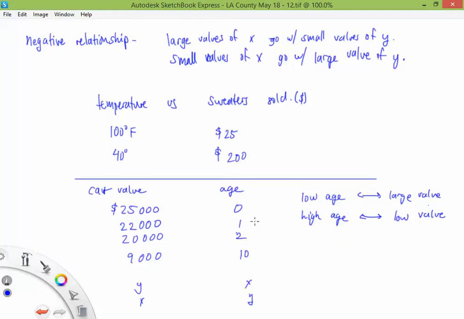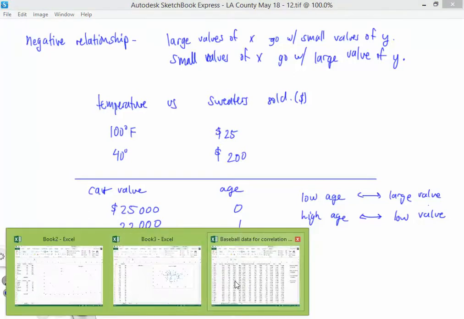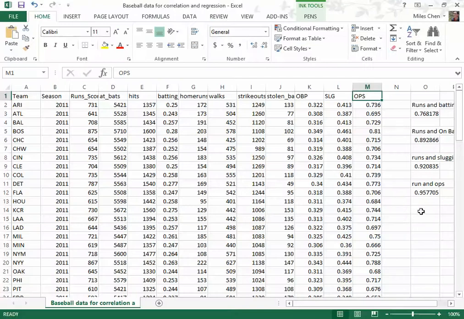And we talked about strong and weak relationships. We saw the IQ and the height, no real relationship, whereas something else had a very strong relationship. So I can create a plot between runs and on-base percentage and runs and batting average, just so you can see the difference between 0.768 and 0.957.